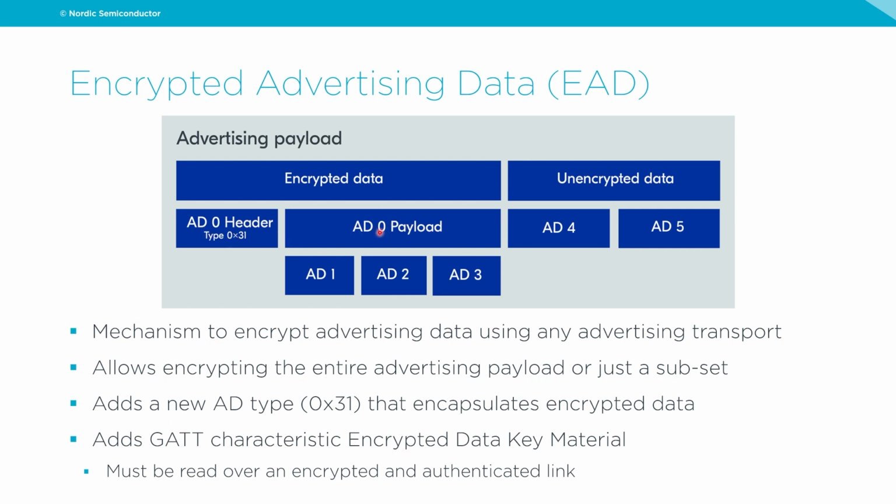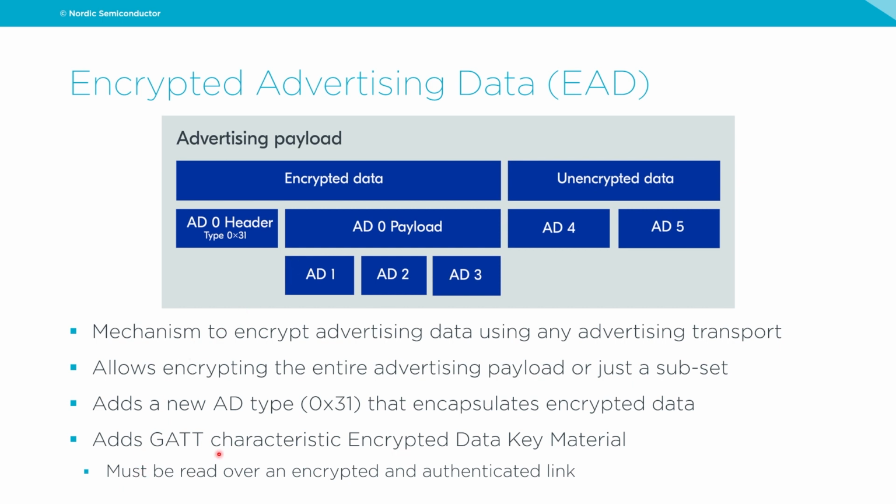Which means that the payload can consist of multiple advertisement data sets that will be encrypted, and that can be sent alongside unencrypted data. This could be, for example, the flags or the device name that you might want to send out unencrypted, while we have some more sensitive data that you want to send encrypted using this new feature.